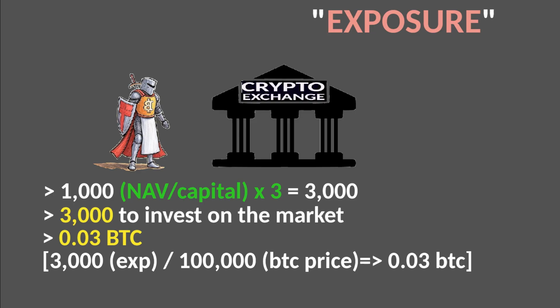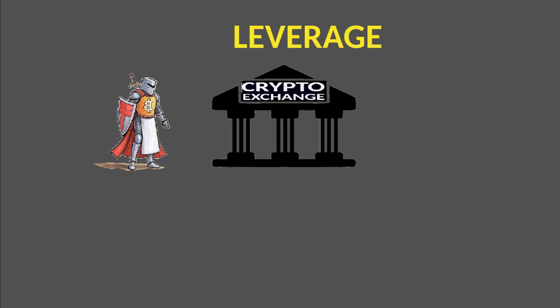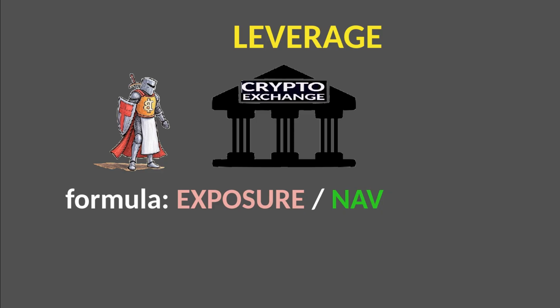We can get it by exposure 3,000 over BTC price 100k equals 0.03 BTC. This gains and loses value depending on the market price as well. If we combine the two, we get the leverage formula of exposure over NAV, which currently has the value of 3.